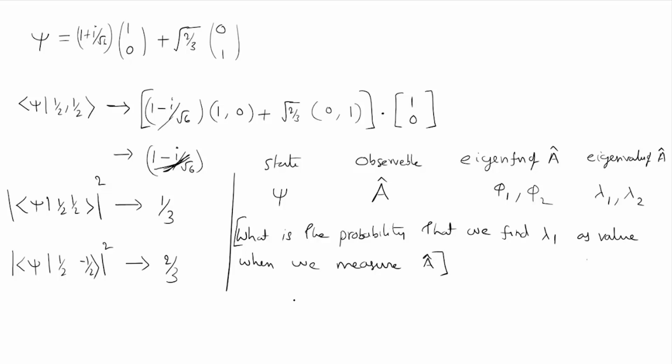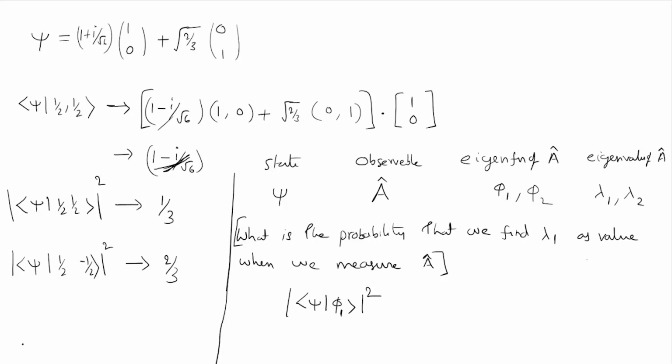That is given by psi with lambda 1's eigenfunction, which is phi1, and you square it. You can also do it more abstractly: expand psi in terms of phi1 and use the coefficients. But you always have to remember this is the thing. If you want lambda 2, what is the probability that we find lambda 2? Then you do the other one.